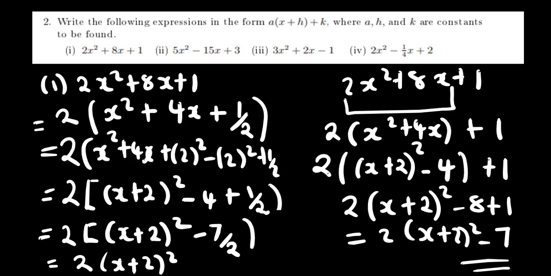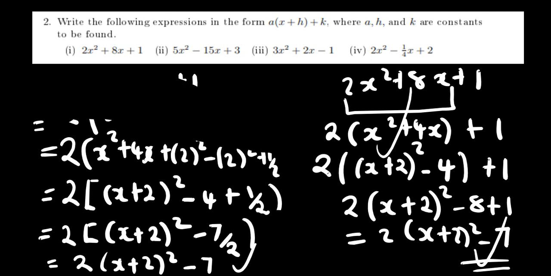You just realize that your 2 and your 2 will cancel because you're multiplying, and you just remain with a negative 7. So this expression is the same as that expression. So from now on, I'm going to be using that. Hope we're on the same page. Now let's solve the second question. Allow me to rub the first part that we've just solved.